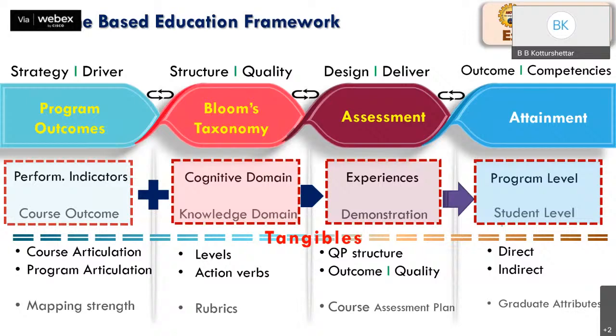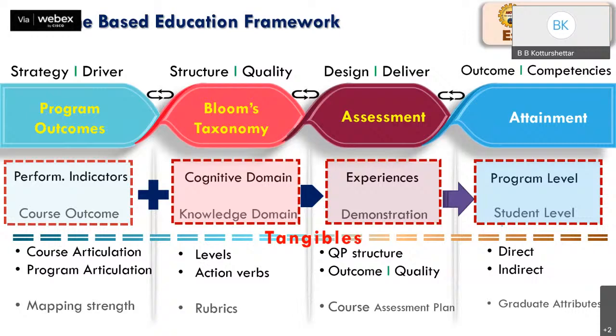That is the next level of attainment. So this quality also matters when we talk of assessment. These things we are going to discuss as I proceed further. Bloom's taxonomy talks about two domains: one is the cognitive domain and the other is the knowledge domain, which we are going to discuss in detail.